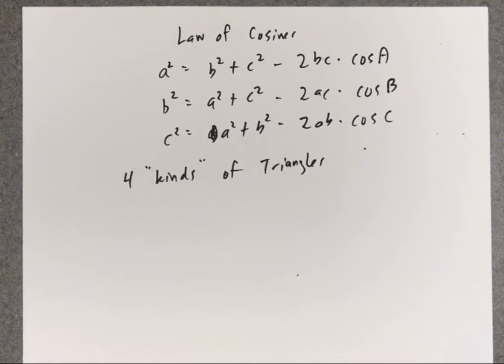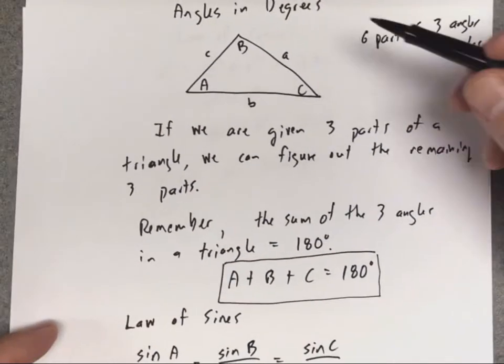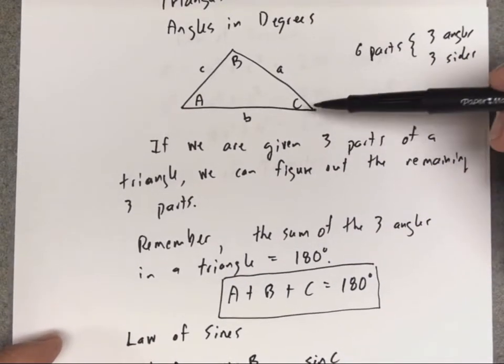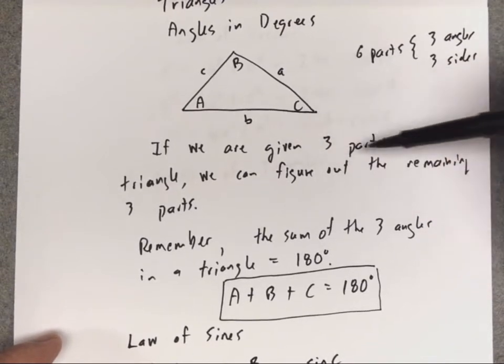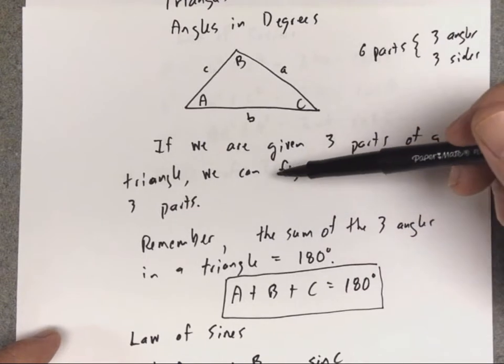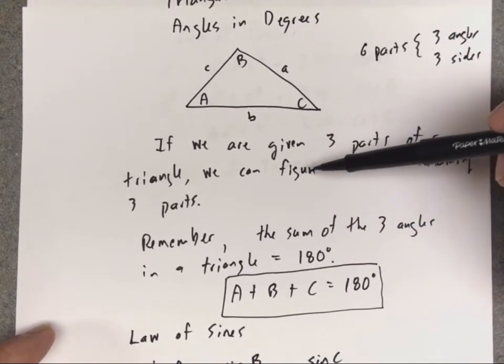And let me go back. I said way back at the beginning, if we're given three parts of the triangle, either sides or angles, we can figure out the remaining three parts. I did say there is one exception.